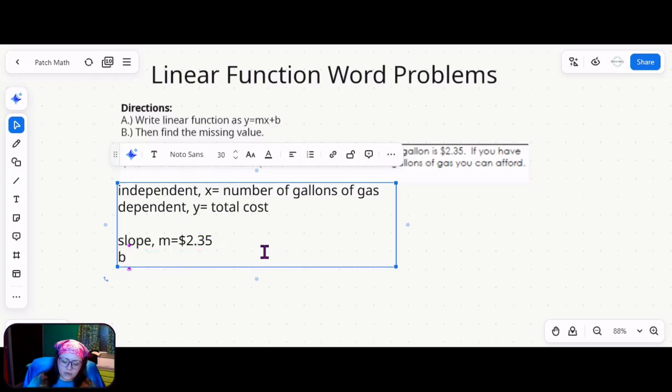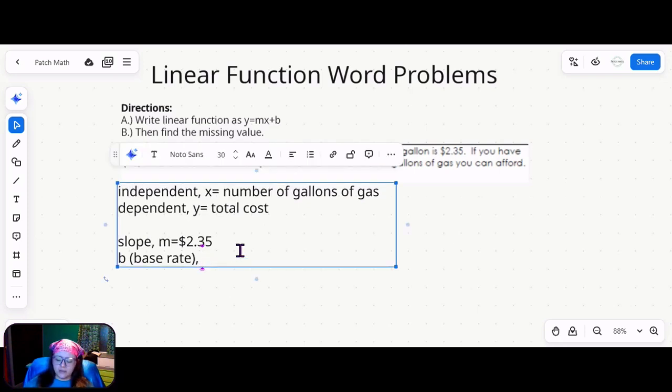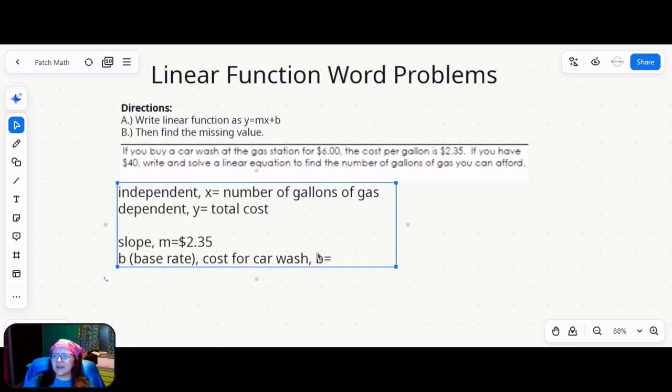That is also a good way of saying base rate. What you have to pay, that's not going to change per thing. In this case, you're not going to buy two back-to-back car washes in the same day, but there is a base rate here of the cost for our car wash. And so in this case, our b is equal to $6.